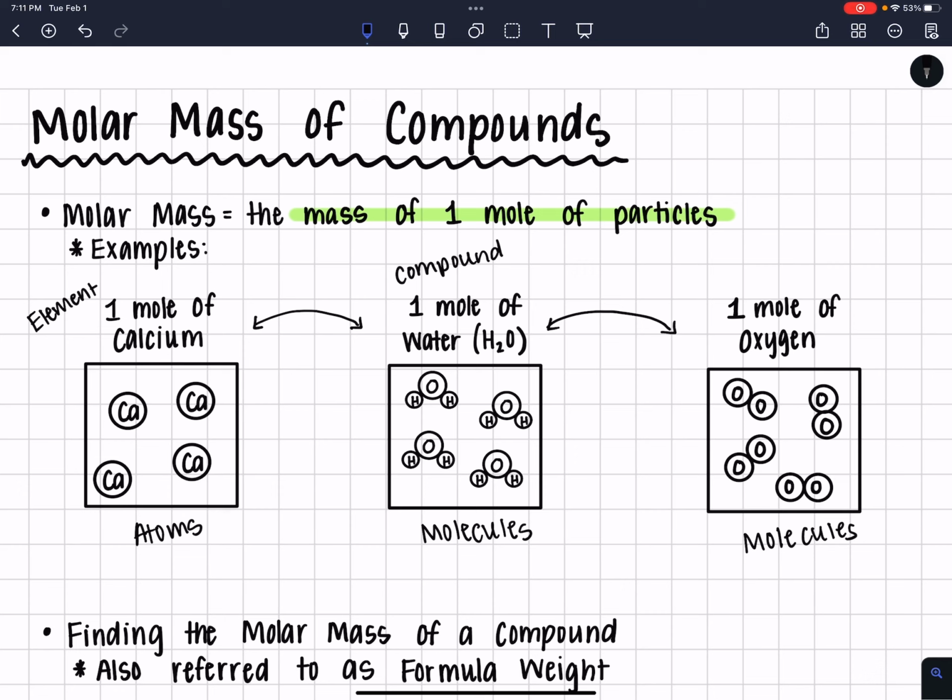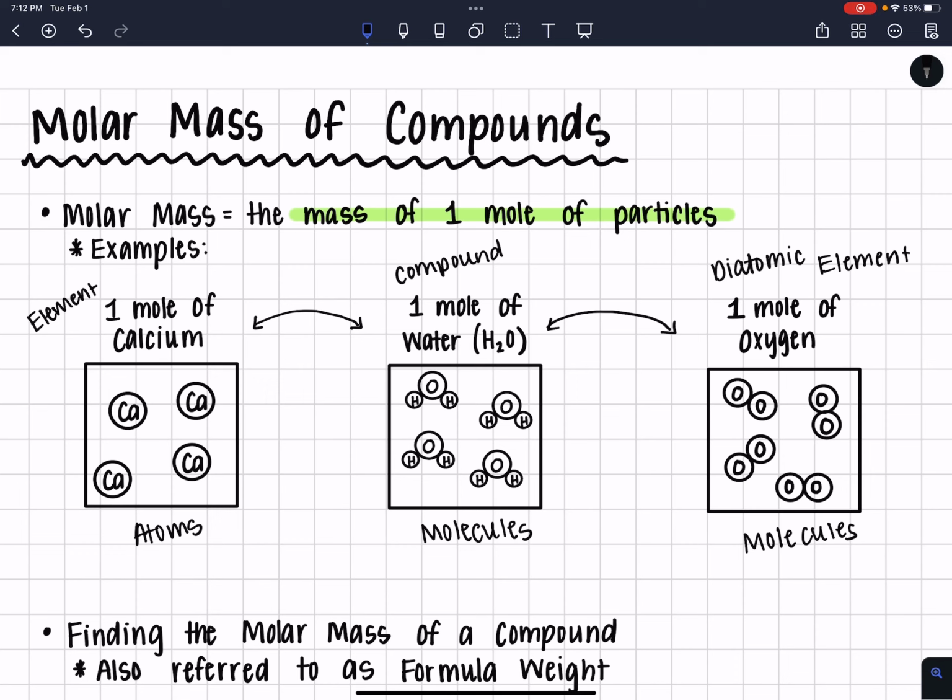And when I'm referring to diatomic elements, the particles are also molecules. But regardless, a mole is going to have an equal number of particles in each. But my mass of that mole of particles is going to depend on the particles themselves and the atoms in those particles. So here's what I mean by that.